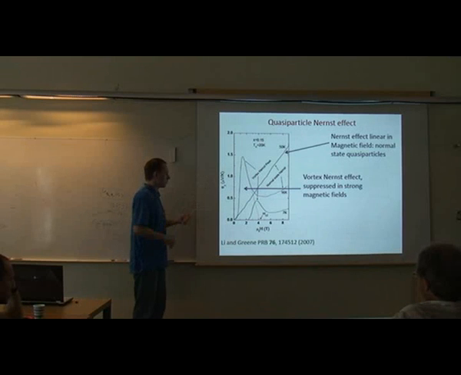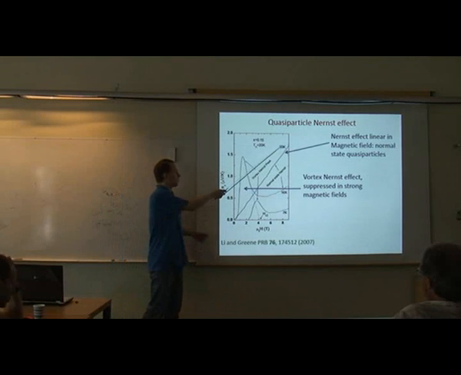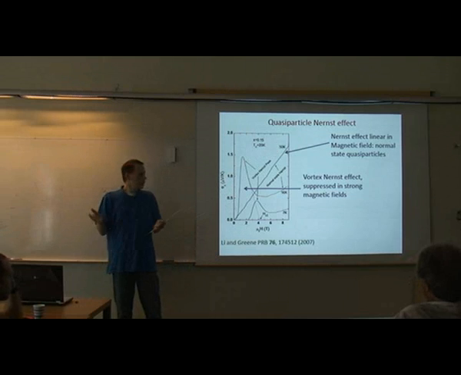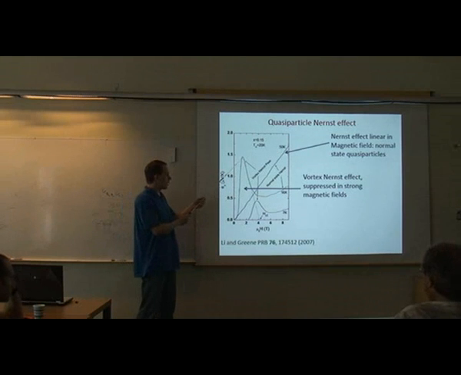Is there a possibility that you have vortices above TC in that regime where you see the Nernst effect or not? Well, this temperature range certainly not. You may see it maybe at 25 Kelvin or 22 Kelvin, where you still have fluctuating superconductivity around. You may still see something like this vortex Nernst signal, but it's presumably not as much enhanced.